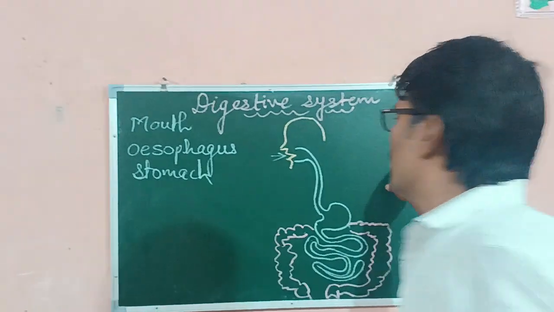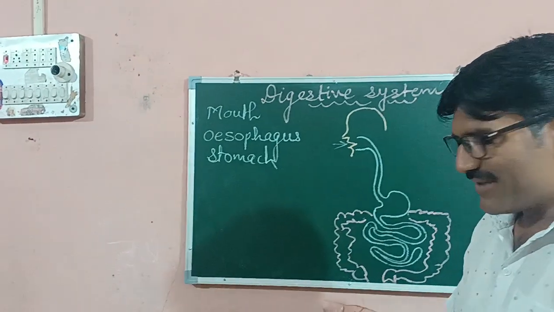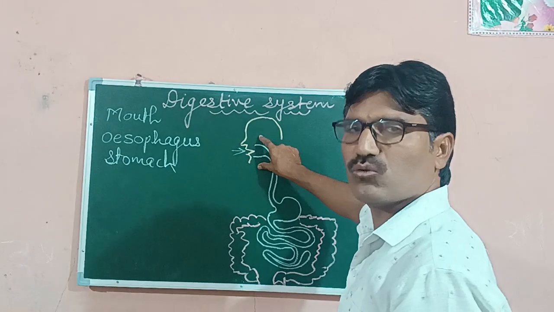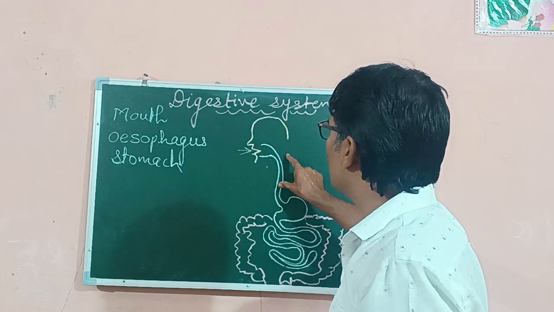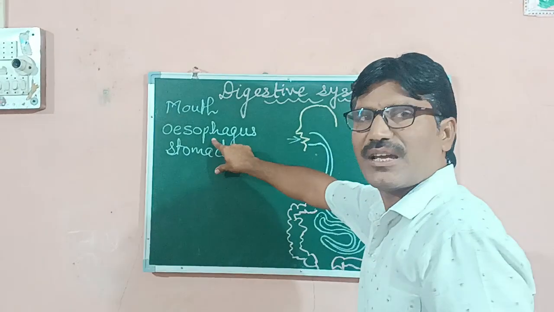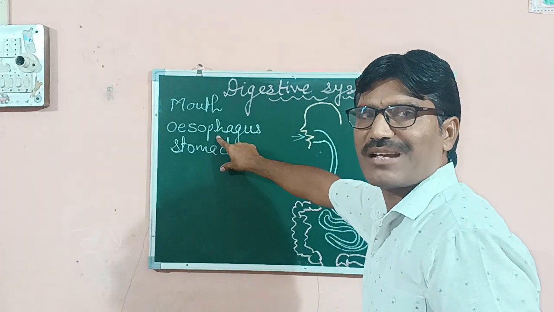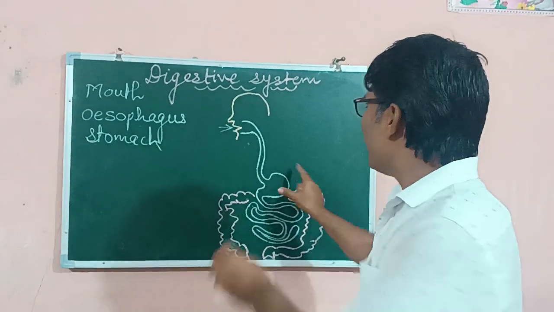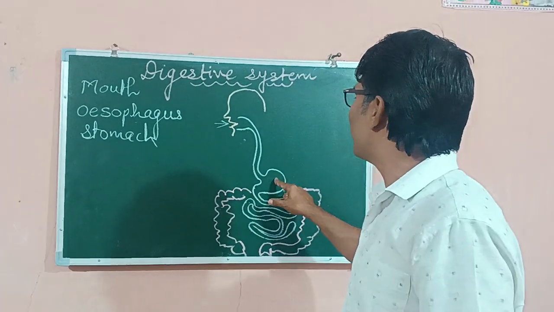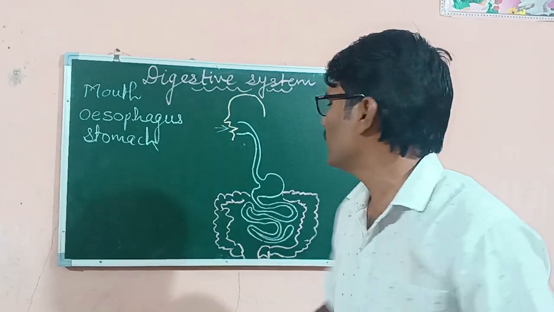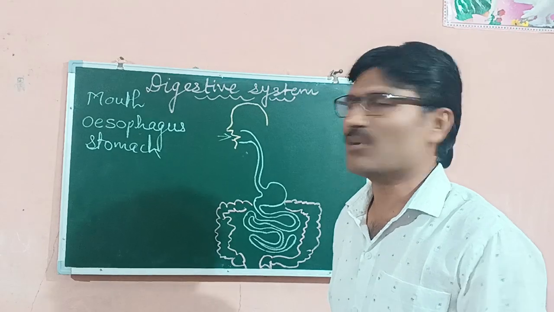Okay, well, so what I said, the digestive system starts from the mouth with a tube, and this tube is called the esophagus. Esophagus is a tube which is ending at a bulging part, and that bulging part, that bag-like structure, is called the stomach.